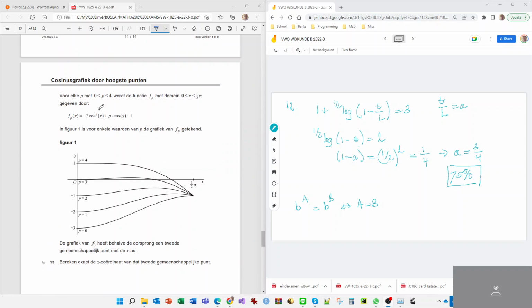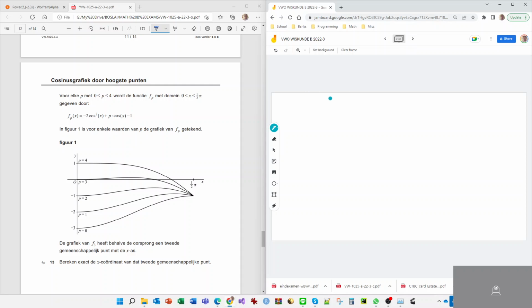Question 13. Cosine graph through maxima or something. Well, let's see. There's this function f_p of x, and p is in this interval, and x is in this interval, and it is drawn for certain values of p.